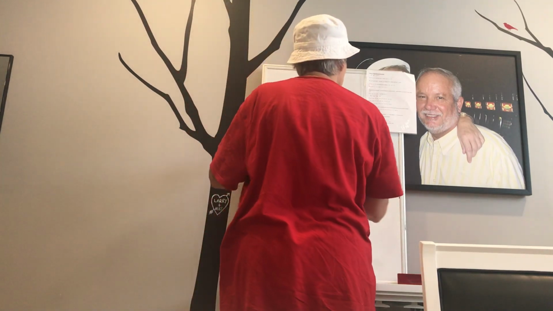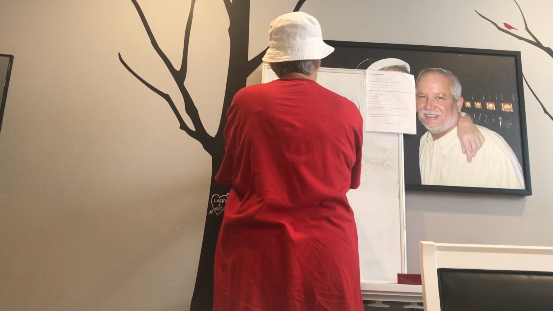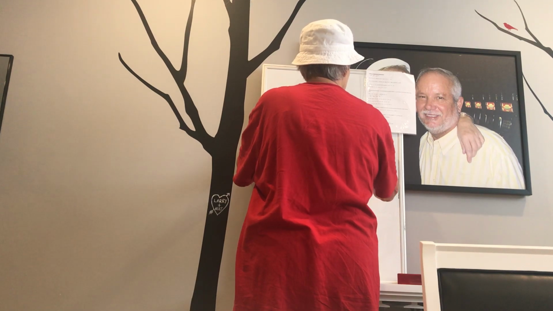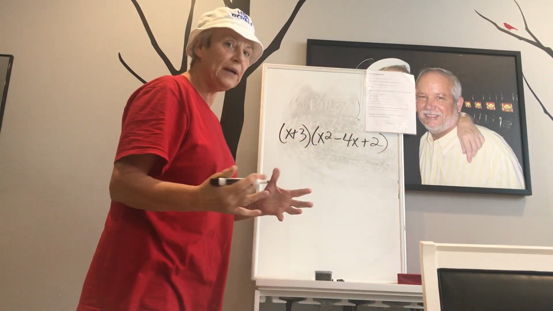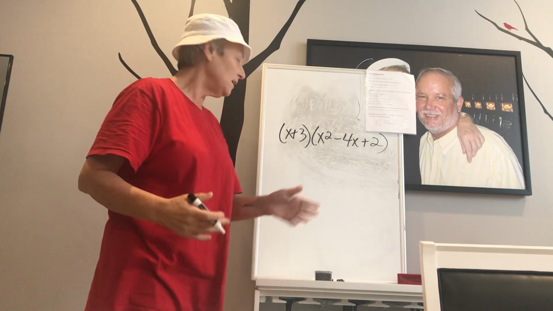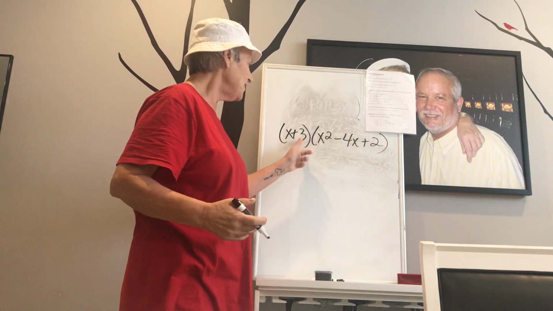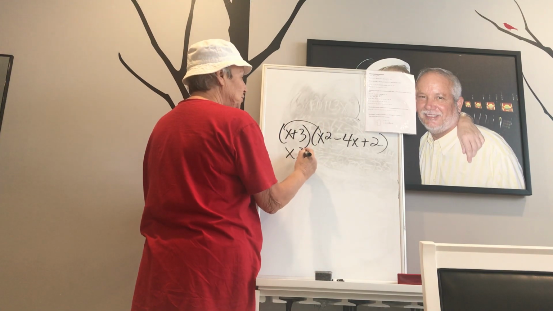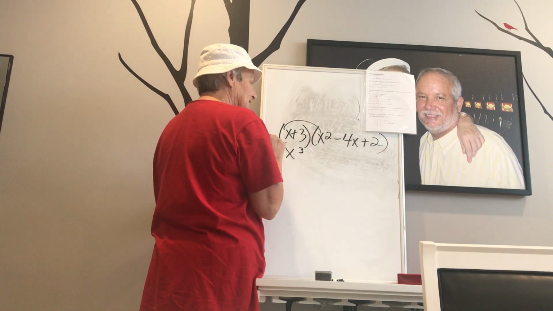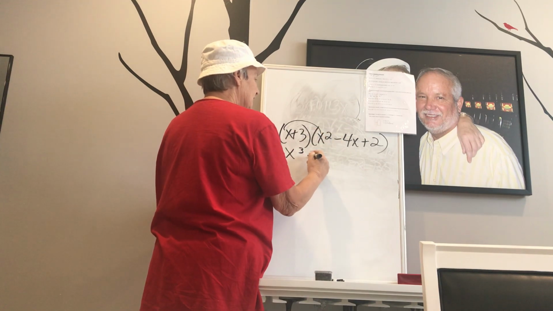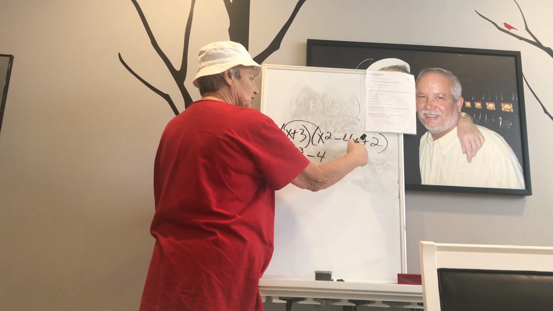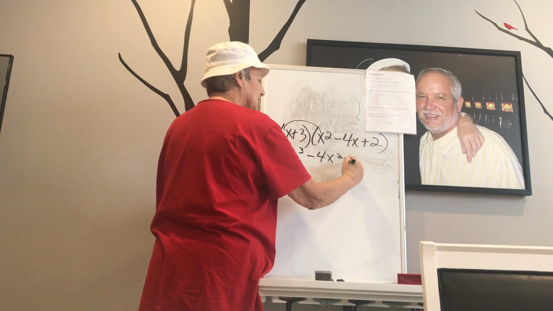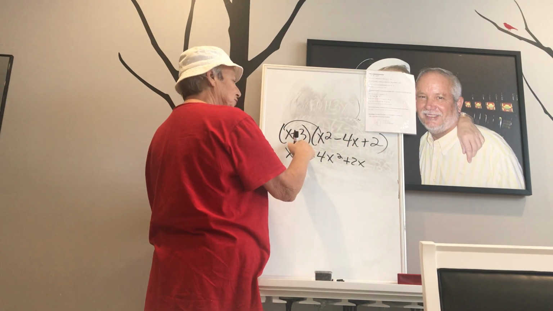Okay, now I want to do a binomial times a trinomial. All you're doing is the distributive property with the x and then with the 3. So, x cubed, negative 4x squared, 2x. Now we're going to do it with the 3.